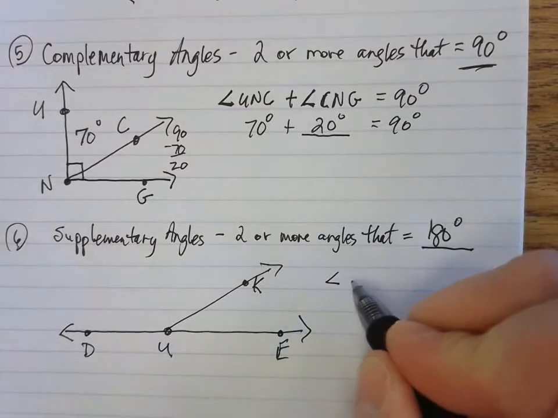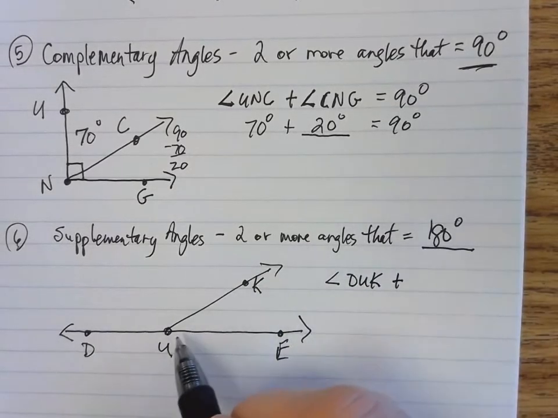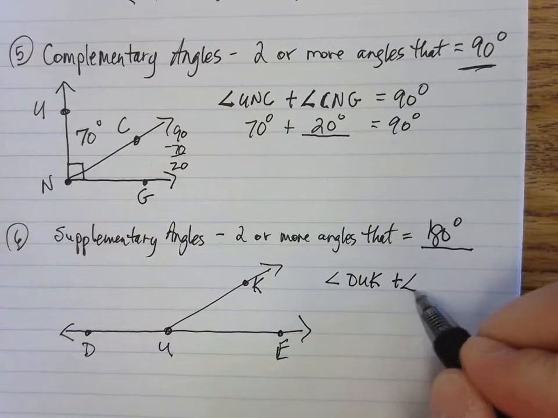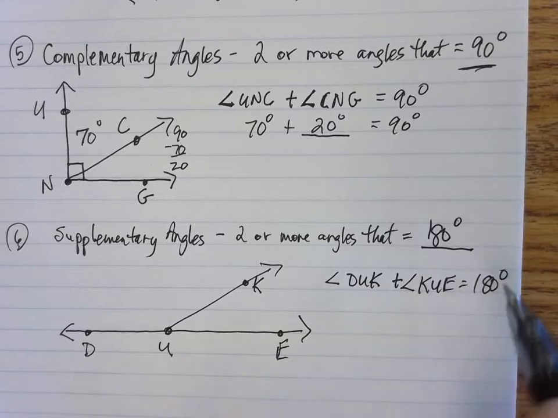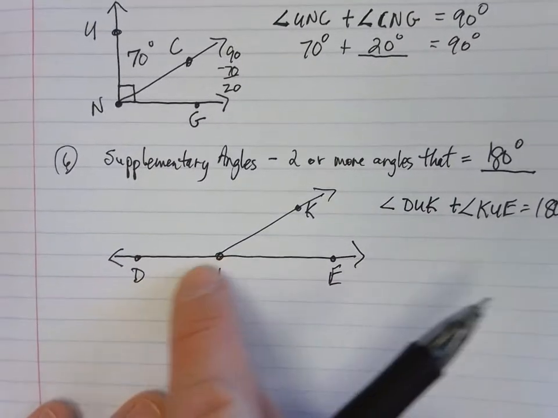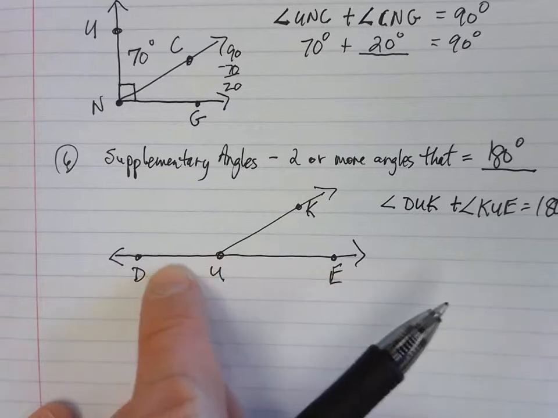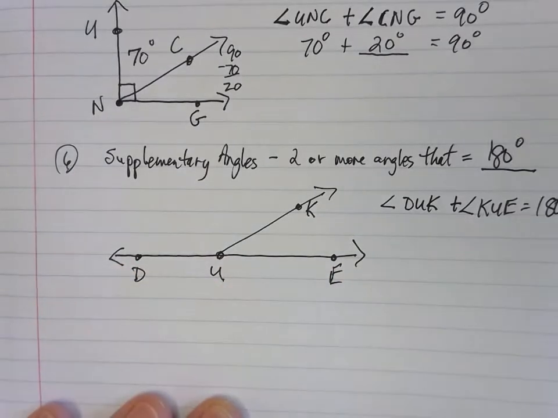Angle DUK plus angle KUE equal 180. You can see that they're making that straight line right there, or that straight angle, right? So remember, anytime you got a straight angle, a straight line, is 180 degrees.